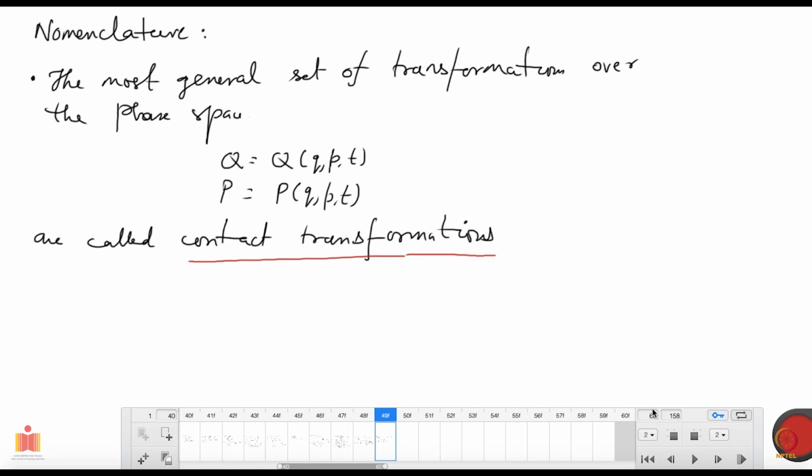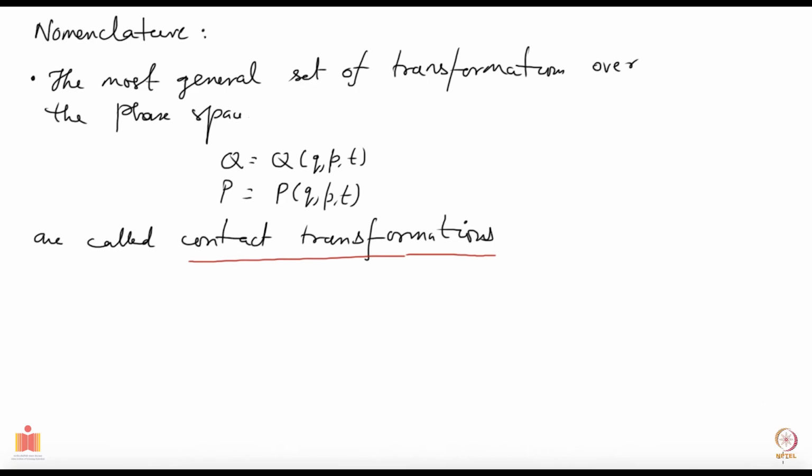And as I said before, if you make such transformations, it's not necessary that the equations of motion that you get will have the form of Hamilton's equations. So a subset of these contact transformations will be the ones which will preserve the form of Hamilton's equations of motion, and those are called canonical transformations.